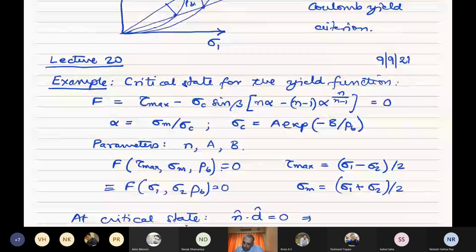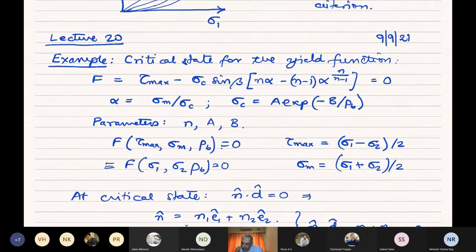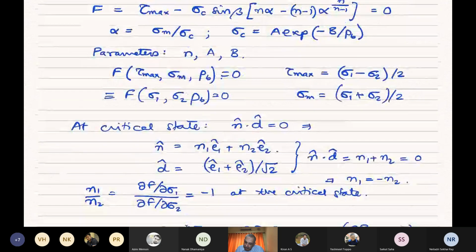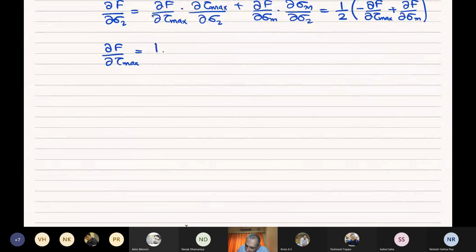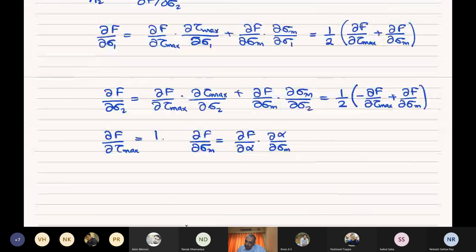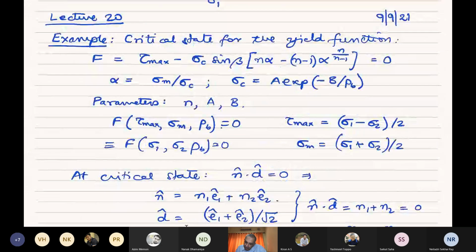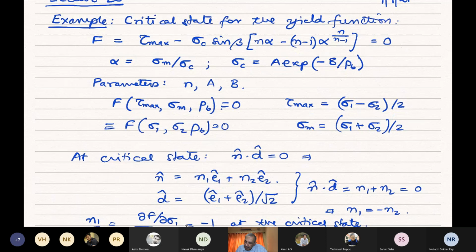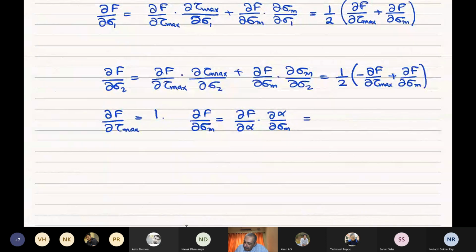And if you look at what is del f by del sigma m, well, again over here we can write del f by del sigma m as del f by del alpha into del alpha by del sigma m. So it's just connected by a constant. So del alpha by del sigma m is just 1 by sigma c. So this is just 1 by sigma c of del f by del alpha.